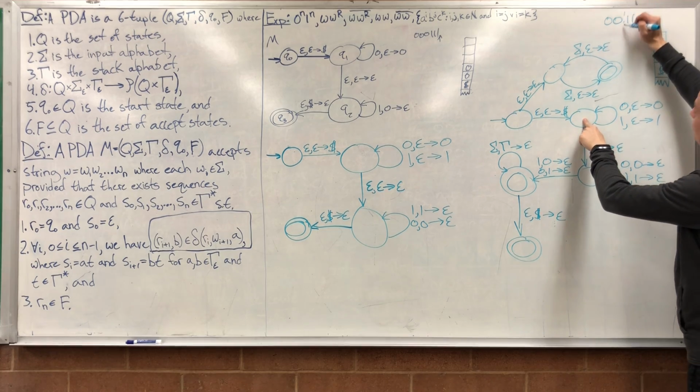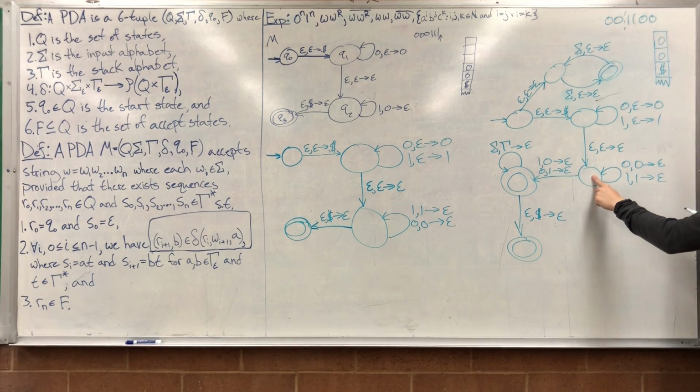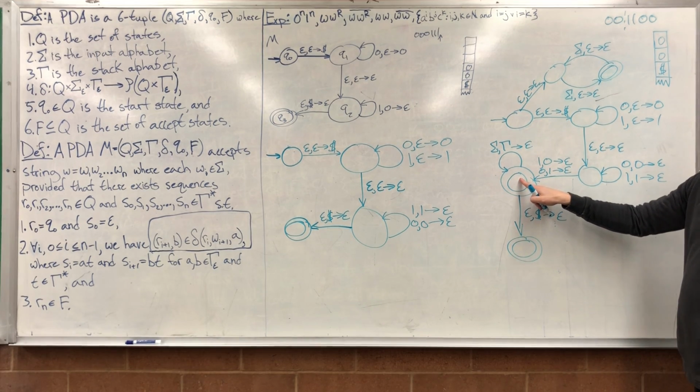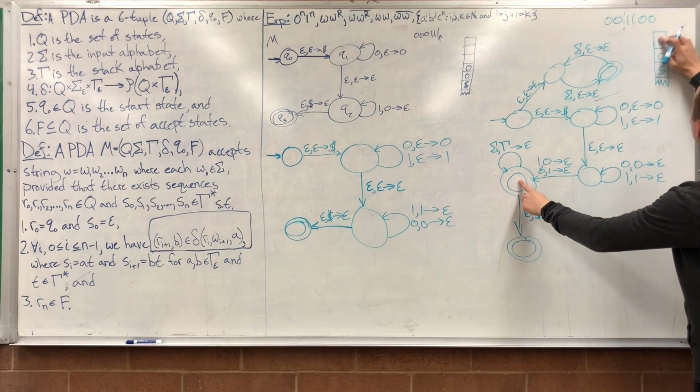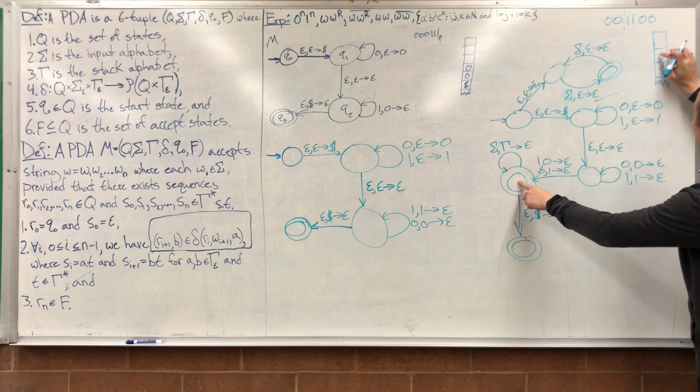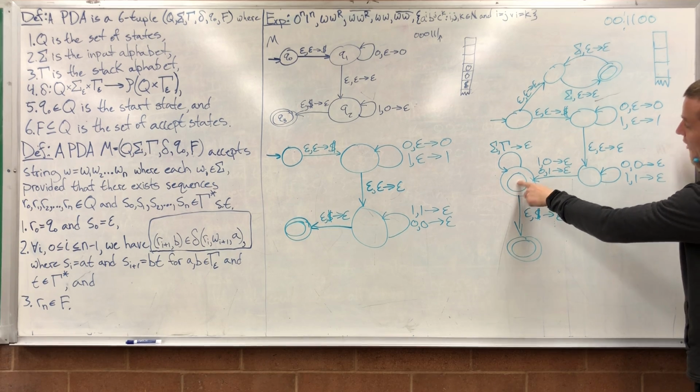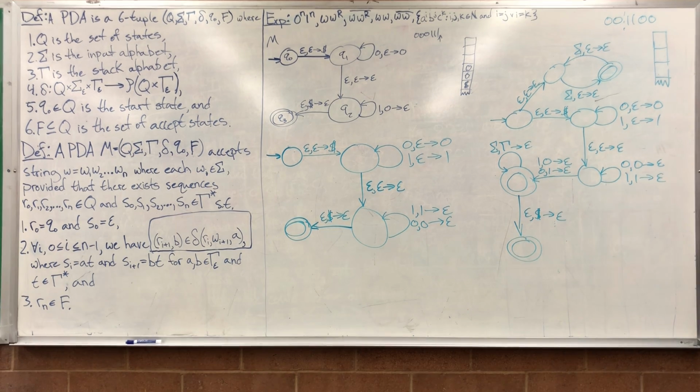Then I'm going to guess that this is the middle and come down here. I read a 1 and pop a 0, which gets me straight over here. So now I pop the 0 reading a 1, pop the 0 reading a 1, pop the $ sign reading a 0. Well, then I'm going to crash. You're supposed to crash, and so you can't accept. That can't be an accept state. Only the last one.